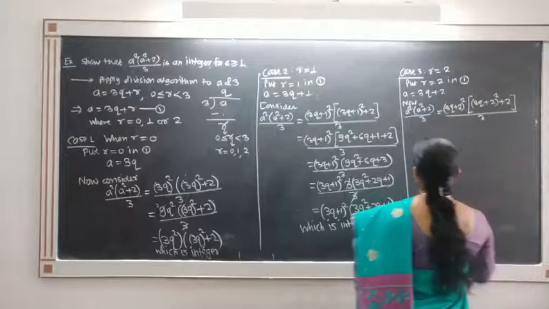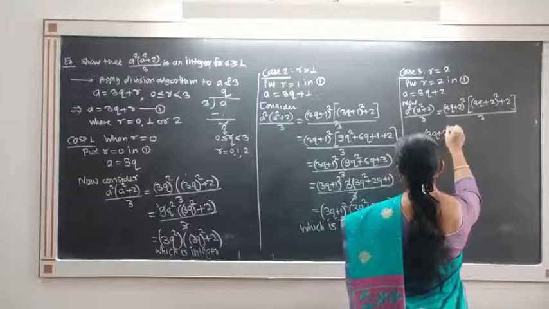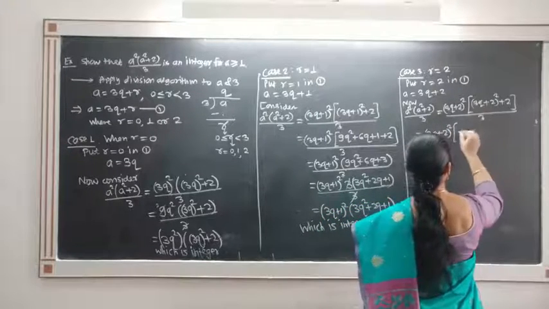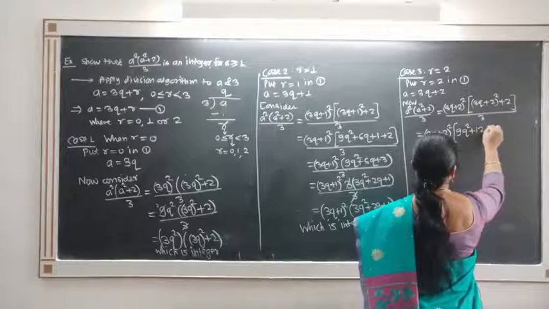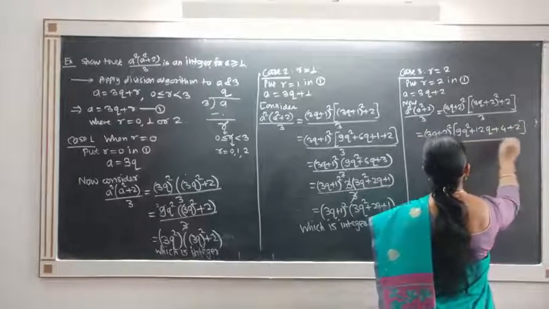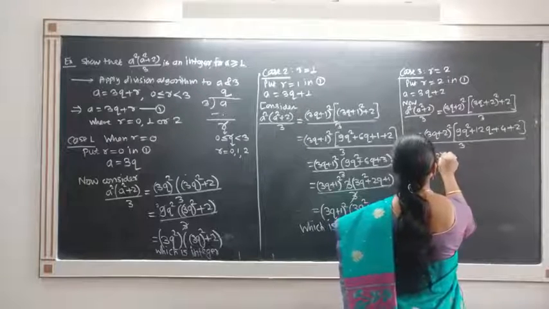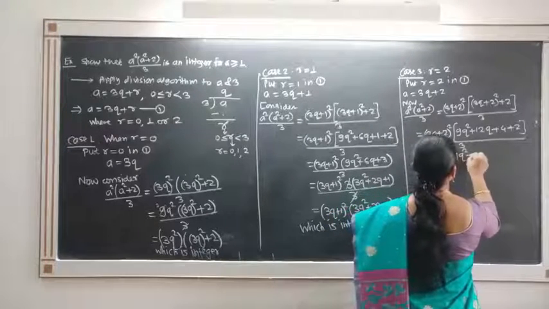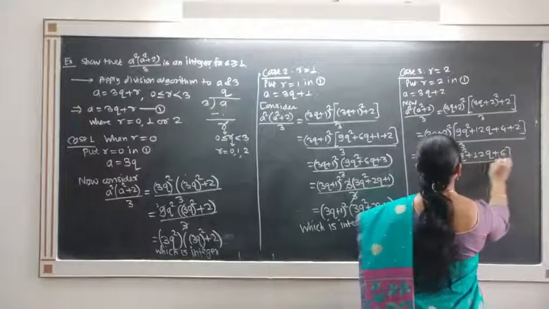Simplify this. It is nothing but (3q plus 2) square into bracket. If you simplify this, it becomes 9q square plus 12q plus 4 plus 2 upon 3. It is nothing but (3q plus 2) square into bracket 9q square plus 12q plus 6 upon 3.